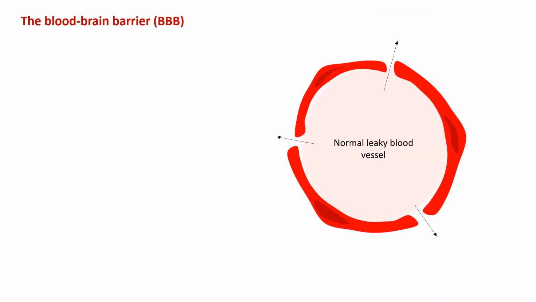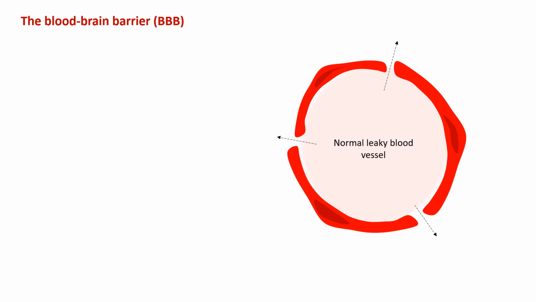Talking about our blood-brain barrier. So if we look at a normal blood vessel, remember when we talked about endothelium, we talked about big gaps because we've got this thin layer, we've got big gaps between the endothelial cells. So most blood vessels in the body allow the passage of solutes and even cells between the endothelial cells.